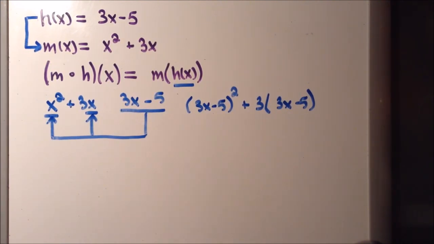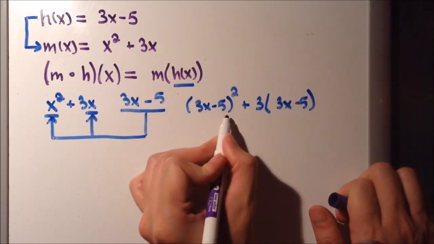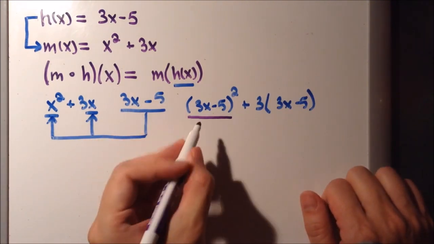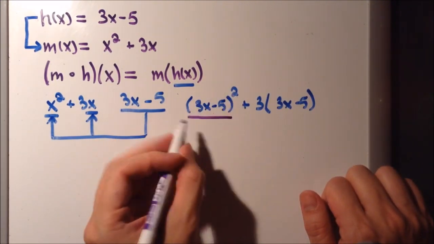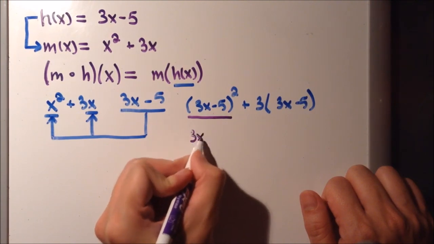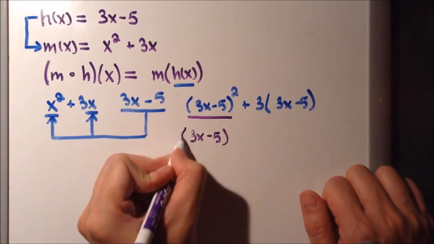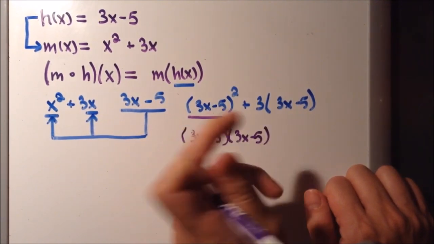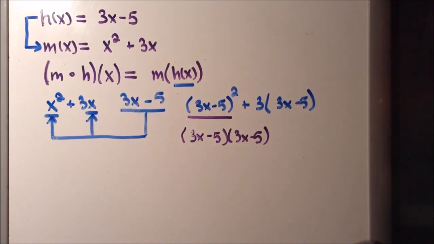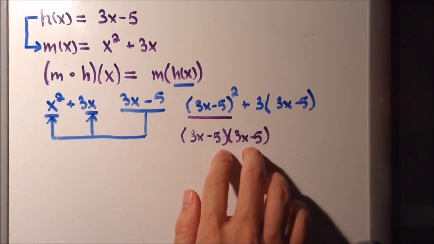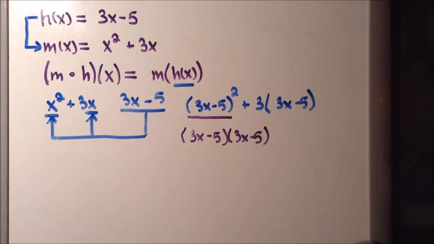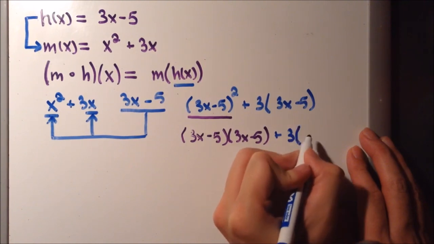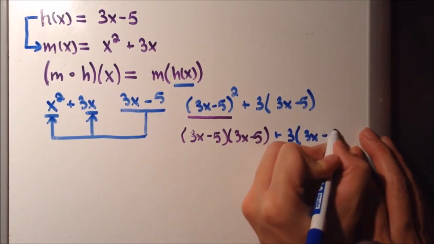When it's 3x minus 5 squared, that means you have to FOIL. 3x minus 5 squared means 3x minus 5 times 3x minus 5, and then I bring down everything else, plus 3 times 3x minus 5. This is what it looks like when a binomial is being squared.